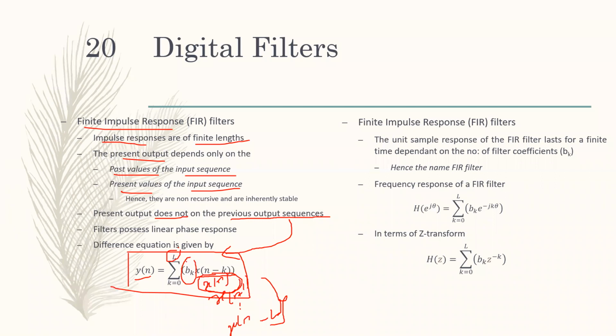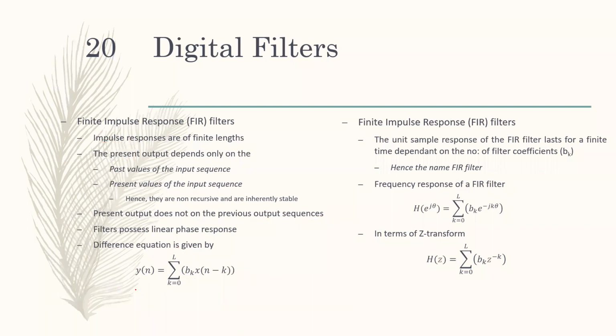I know the input, I have to identify the coefficients and the response. Say, if I'm giving a step input, how the system responds to a step input signal, that is what I try to identify here. So the equation in which the other part turns out to be 0 is the FIR filter's difference equation.